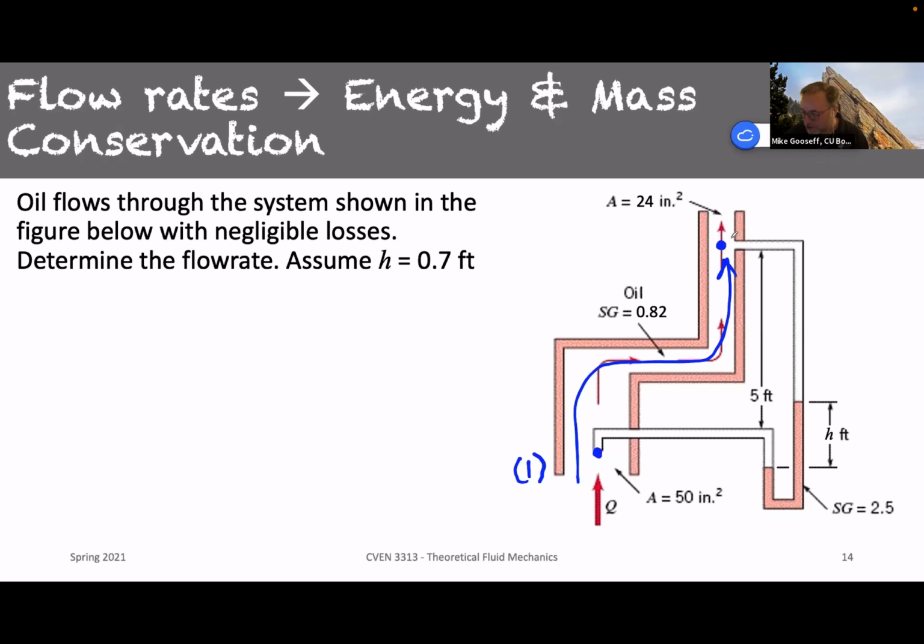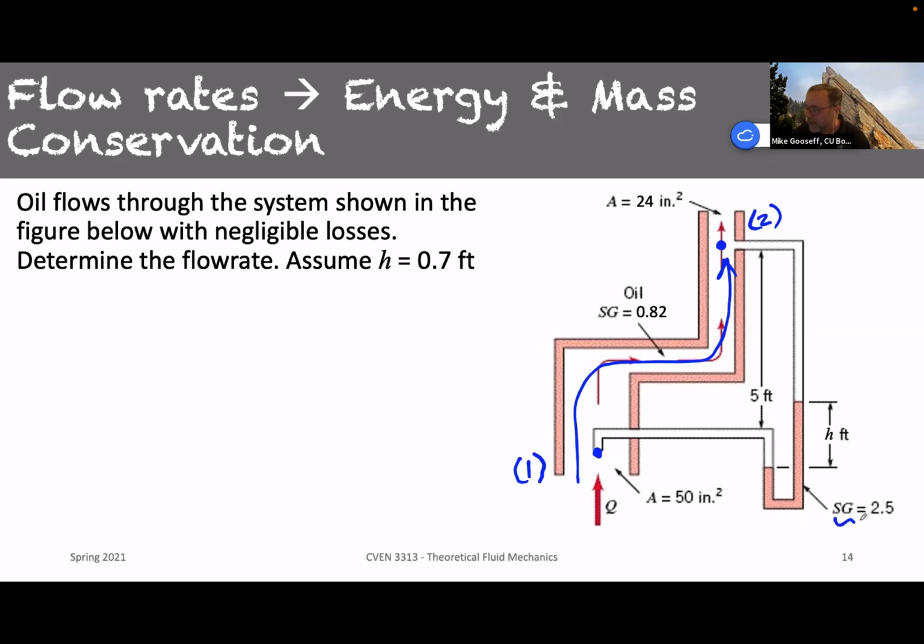And then number two, I'm going to put over here right near what looks like a standpipe. So the two pressures that are experienced here are providing this offset in the manometer. All right, so it's 5 feet from this elevation down to this elevation to this pipe, and then we're going to call this H, the height of rise for the manometer fluid.